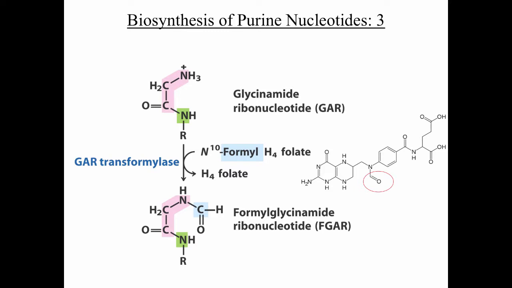So a formyl group is attached at the amino group of the glycinamide ribonucleotide intermediate, and that formyl group is actually coming from this molecule called N10 formyl tetrahydrofolate. So this is the structure of N10 formyl tetrahydrofolate, and the formyl group is essentially being transferred onto the amino group to make this intermediate.